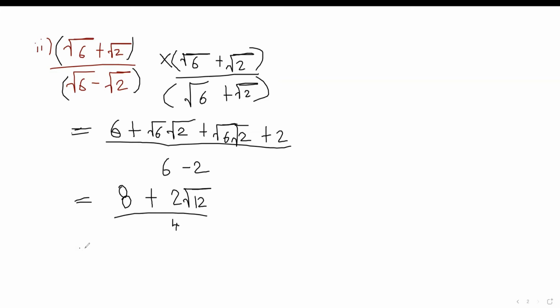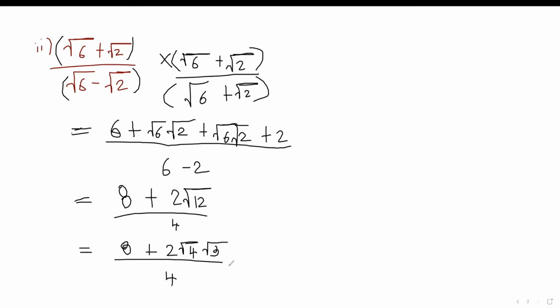We can then go further and break this up, because this is now 2√12, we're going to get 8 plus, remember √12 can be broken up as 2 times √4 times the root of 3 over 4.